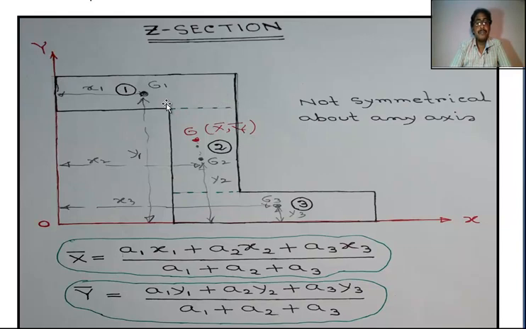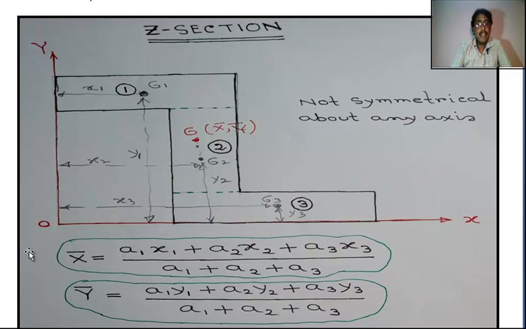This is area A1. This is marked as number 2. Area is A2. This is marked as number 3. Area is A3.